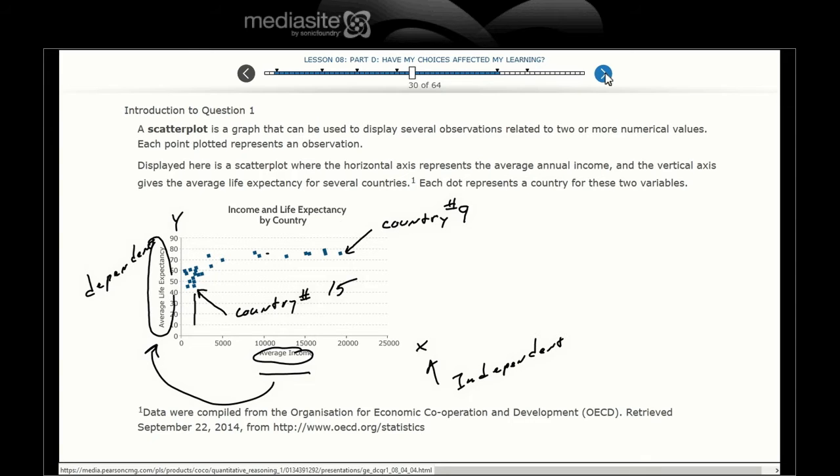Well, probably about $1,000 average income and average age about 45. So each of these dots represents a country, their average income and their average life expectancy per country.